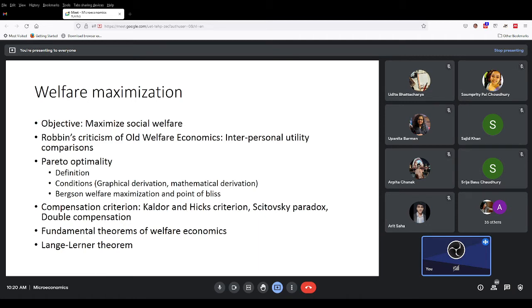In the case of partial ordering, you can rank some bundles as better than or worse than, and some bundles may be equivalent. But now comes the crunch. There are some bundles or some points or some states which cannot be compared.